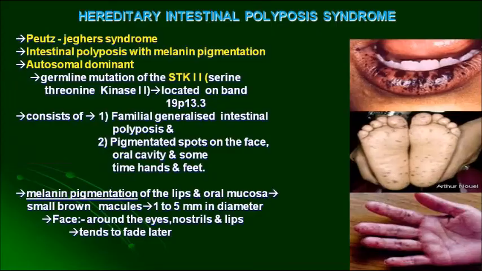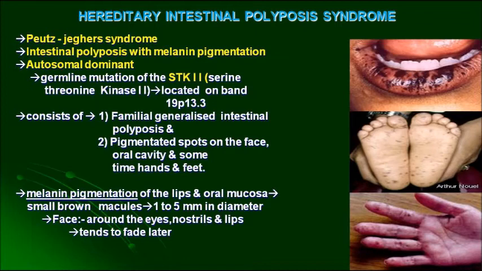Hard palate. Now listen carefully, an important MCQ question is Peutz-Jeghers syndrome. What is Peutz-Jeghers syndrome? It is otherwise known as intestinal polyposis with melanin pigmentation. It is a hereditary intestinal polyposis syndrome where you can see melanin pigmentation on the lips and also on the skin surface, along with intestinal polyps.